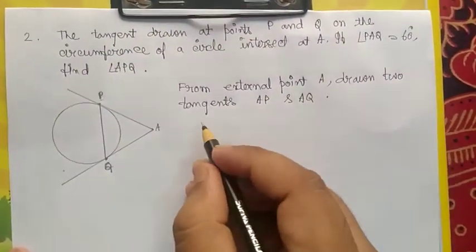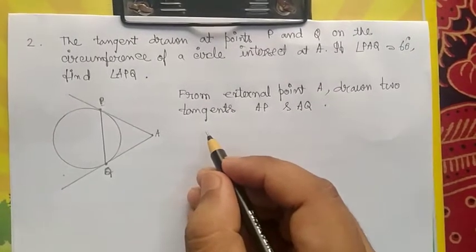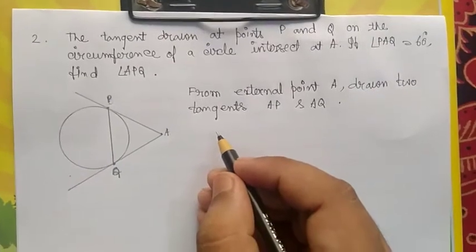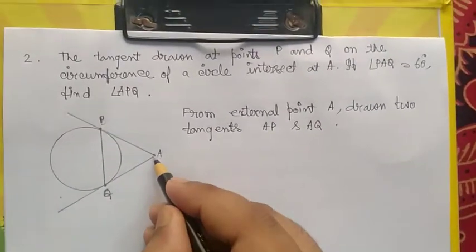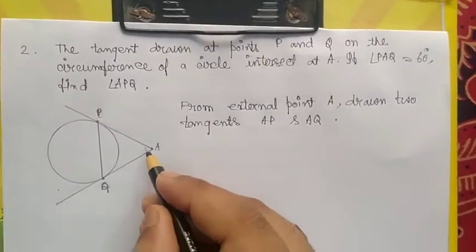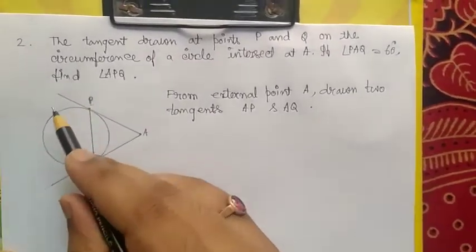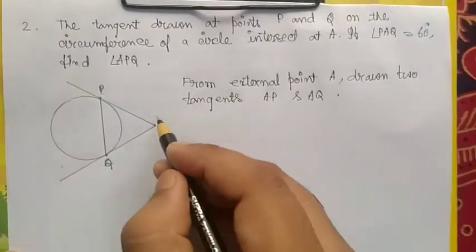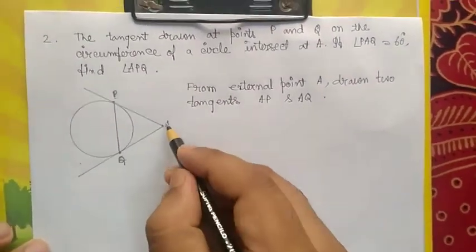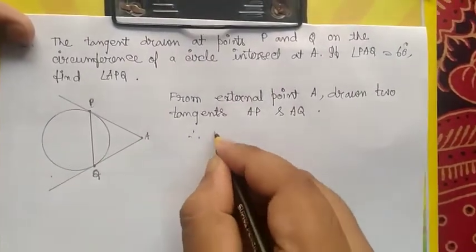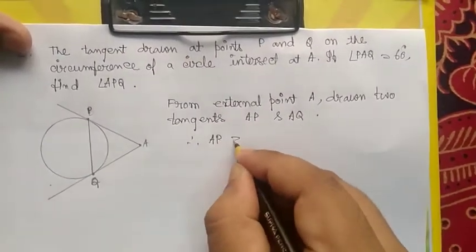So first of all, from the theorem of this chapter, we know that if from any external point we draw two tangents that touch the circle's circumference, then the lengths of these tangents AP and AQ are both equal. So we can say that AP equal to AQ.